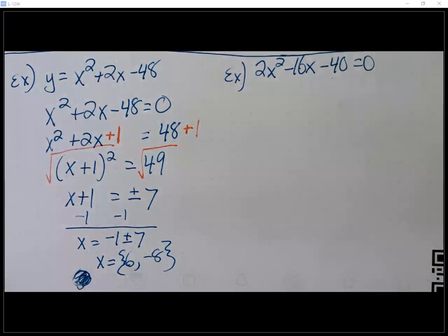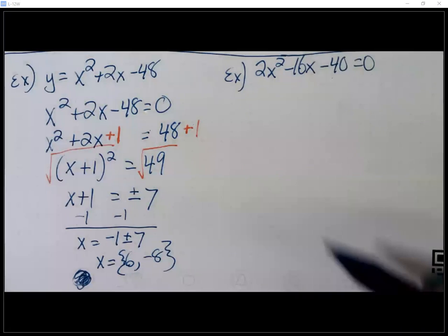All right, everything's in order, that's fine. But in step 2, it says force A to be 1 if it isn't. A is not 1 this time, so how can I make it be 1? I can divide everybody by whatever A is. So in this case, A is 2, right? So I can divide, and I got to do both sides.